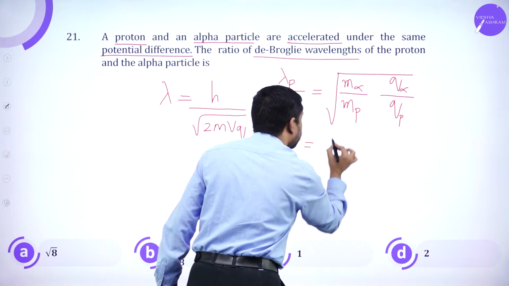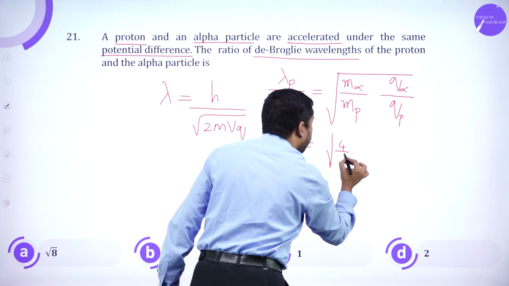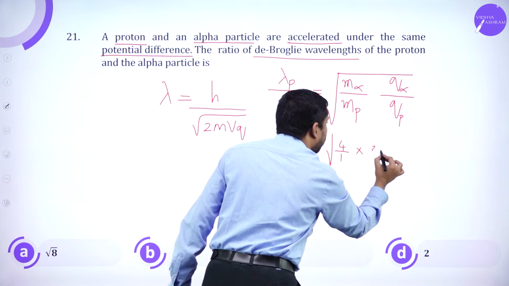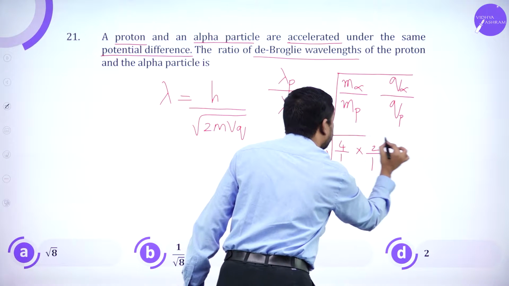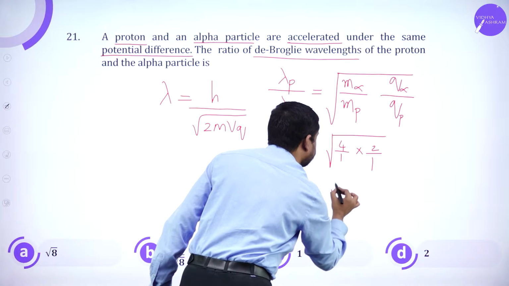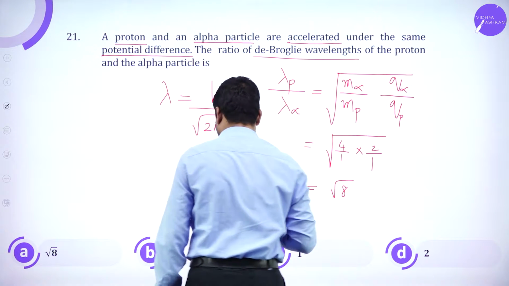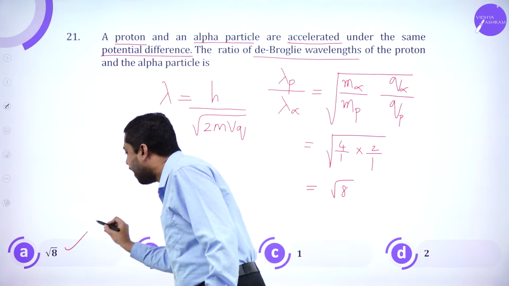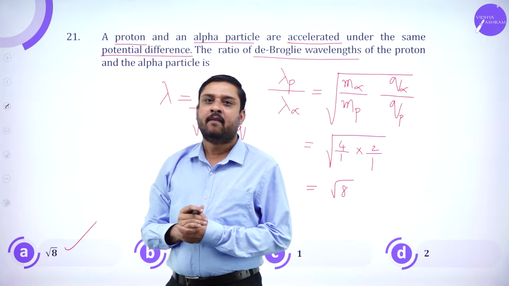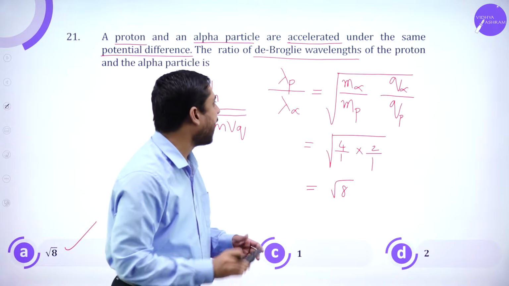So this is 4 by 1 into 2 by 1, root. So this is equal to square root of 8. So the answer is A, which is square root of 8.